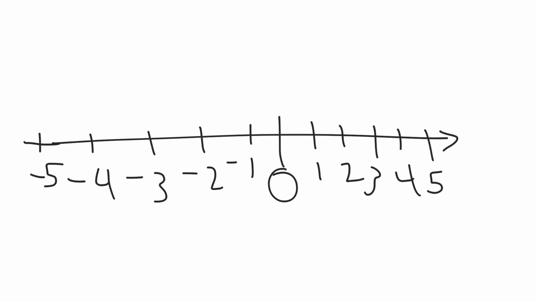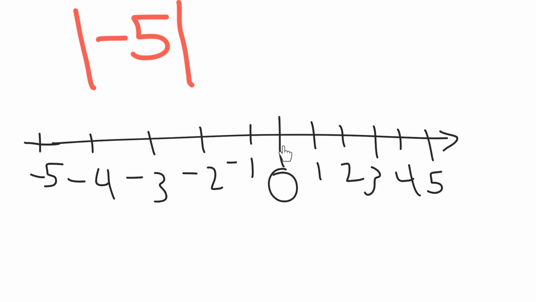And the question asked, what is the absolute value of negative 5? And you know that absolute value is what we're talking about here because we have these straight vertical lines surrounding the negative 5.